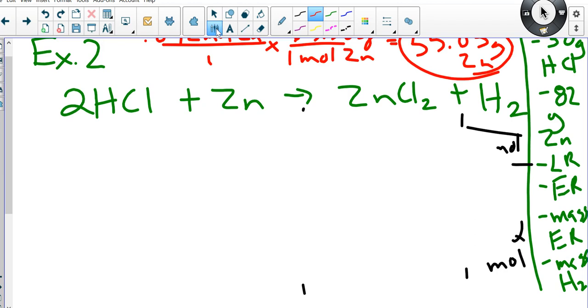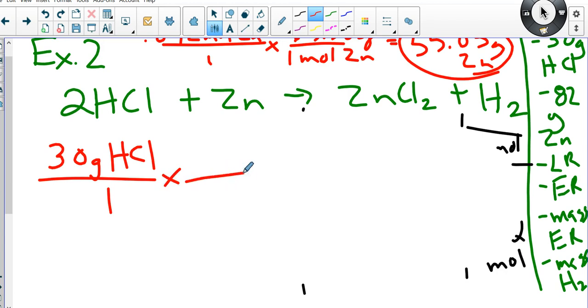The one that makes less hydrogen will be the limiting reactant. So what that looks like is I'm going to go 30 grams of hydrochloric acid, and then I have to go to moles. So this is 36.4463. I just happen to know the molar mass, so that helps. So this is 1 mole.